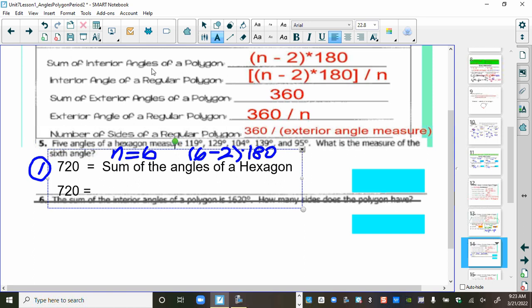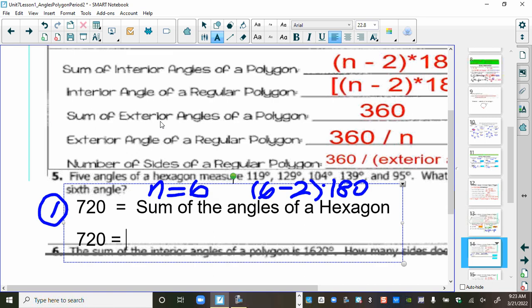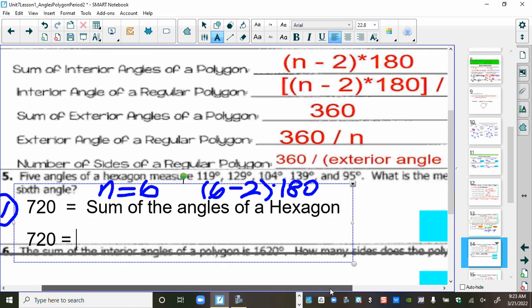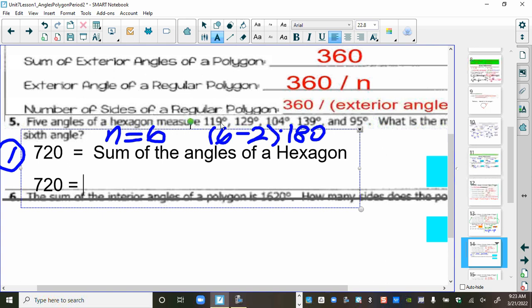Make it a little bigger, but it's right on your own paper. What were the 5 numbers given to us for this problem? They gave us 5 angle measures. Who could read them off? Yeah, them. 119, 139, 104, 139.